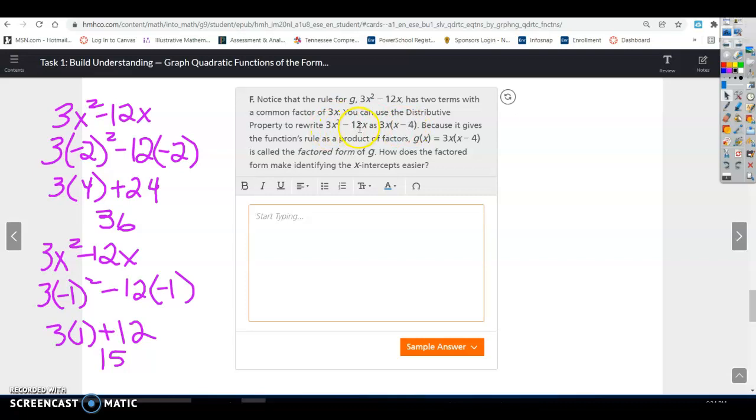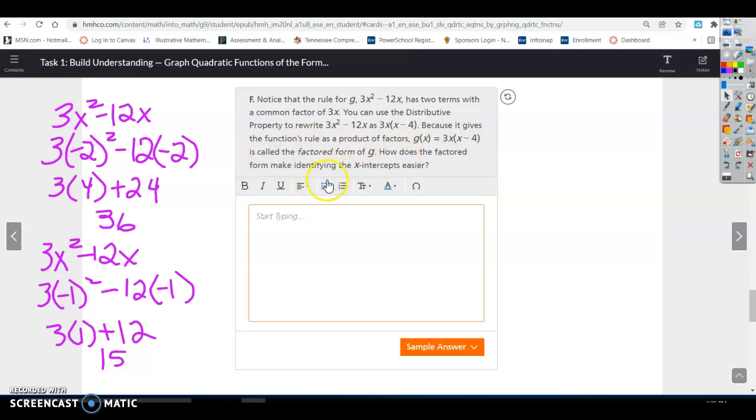We're just using it backwards. Typically, in the last section, we did 3x times x and got 3x squared, and 3x times negative 4 and got negative 12. So we're just using the distributive property backwards. And it says because it gives you the function's rule as a product of factors, g of x equals 3x times x minus 4, this is called factored form.